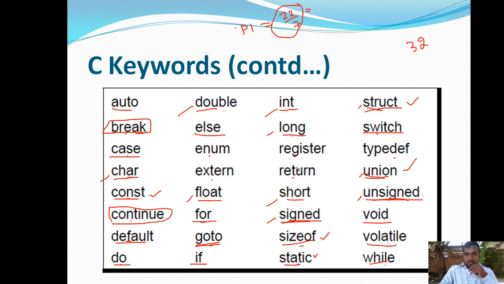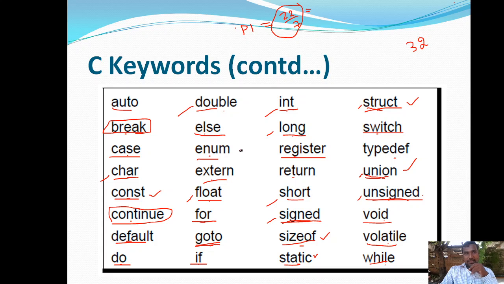Okay, so register is also some kind of memory used while handling data. It can store only one bit of data. The enum and extern keywords are generally used to define our own data types, some special data.